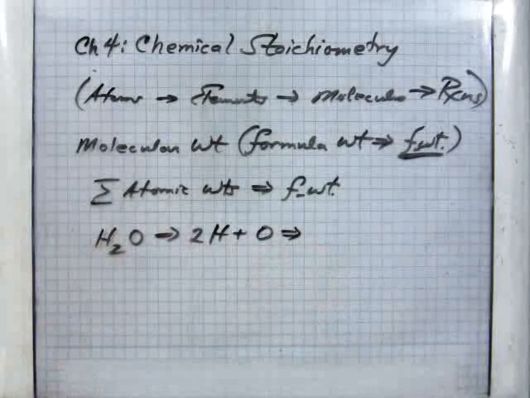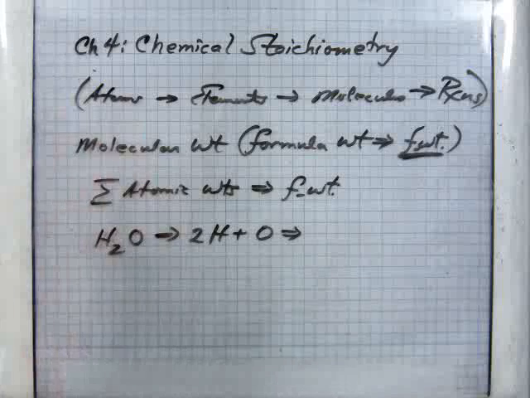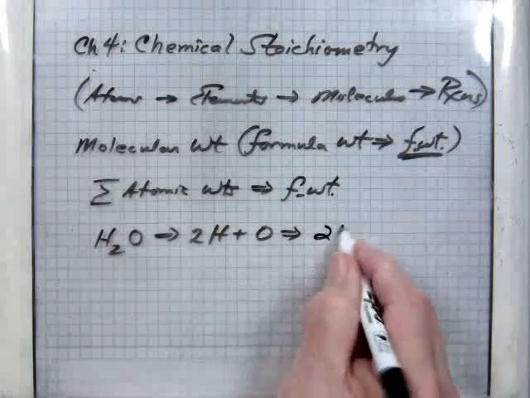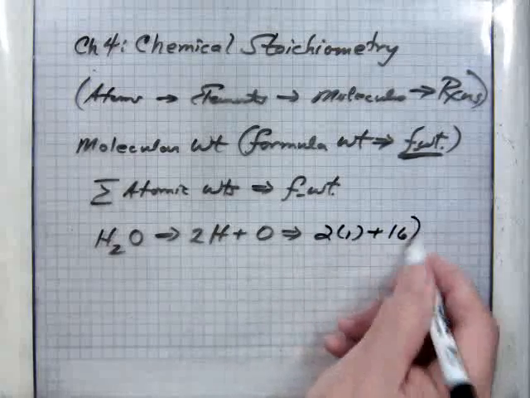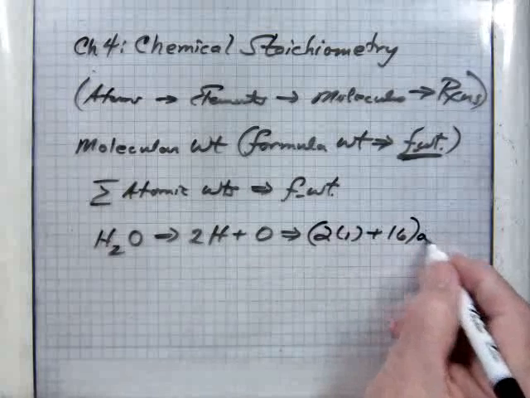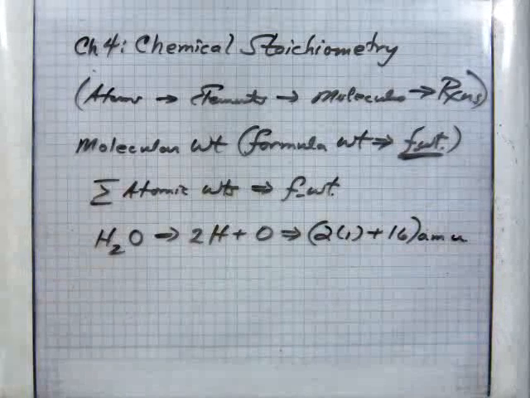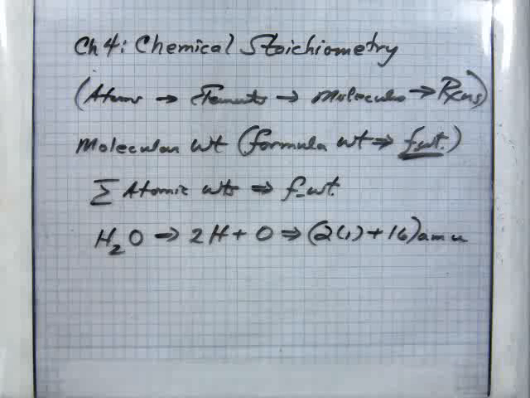I like to round to the whole number because if there's any digits past the decimal needed, just look at your answer choices or whatever the circumstances in the lab present. You work your decimal inaccuracy from that standpoint. So it's 2 times 1 plus 16. And typically these are listed in AMU terms before I get to this chapter. And it's called atomic mass units.